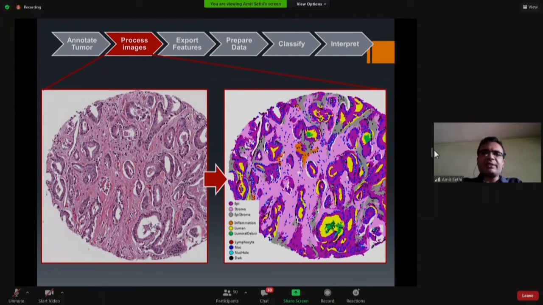But back then, it looked at different image features, and based on that, it classified each area as one of these: either it is epithelium or stroma, or something which cannot be resolved between epithelium and stroma, whether it is inflammation or lumen or stuff inside the lumen, which is luminal debris, or lymphocytes. These are the white blood cells, or nuclei, or some sort of a clearing in the nucleus and dark nuclei.